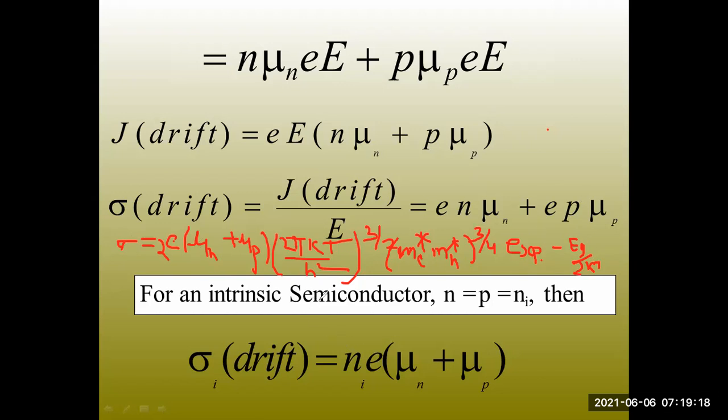So how do we need to simplify this equation? For an intrinsic semiconductor, n is equal to p is equal to ni. You already know this.